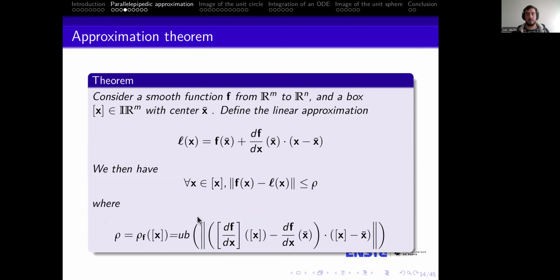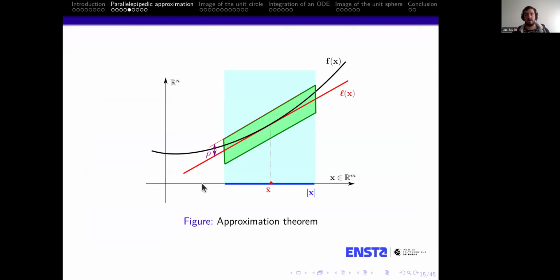I won't do the proof here, but from the expression of Lx and fx we can find this pretty easily. On the abscissa you have x, and on the ordinates you have fx, of dimension n.